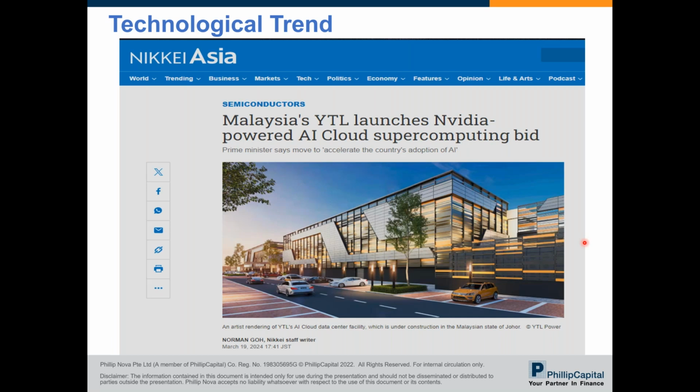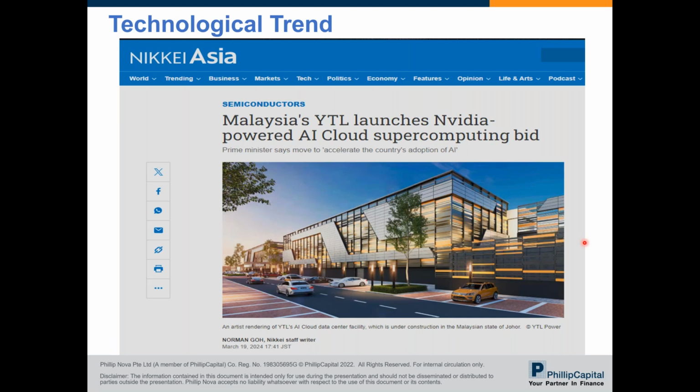I think it's something like a data center they're offering to businesses, and this data center is able to embark on the AI technology to improve the efficiencies or productivities of the companies. So this particular piece of business is not big, a small percentage of what YTL Power is earning from its utility business.